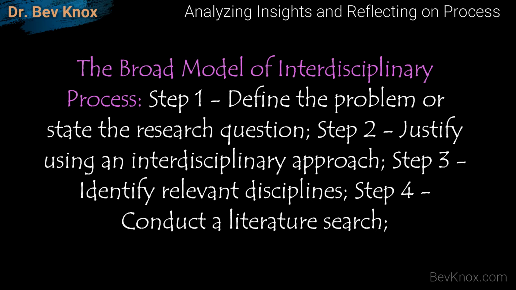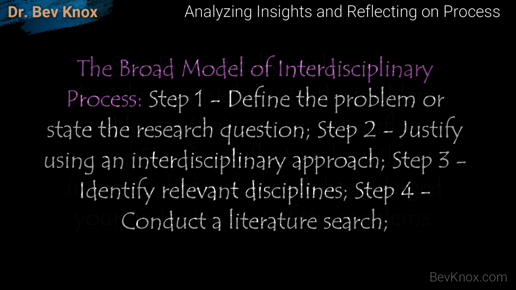The broad model of interdisciplinary processes consists of 6 steps. Step number 1, define the problem or state the question. Step number 2, justify using an interdisciplinary approach. Step number 3, identify relevant disciplines. Step number 4, conduct a literature search.